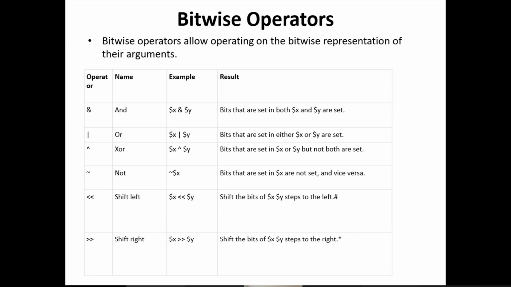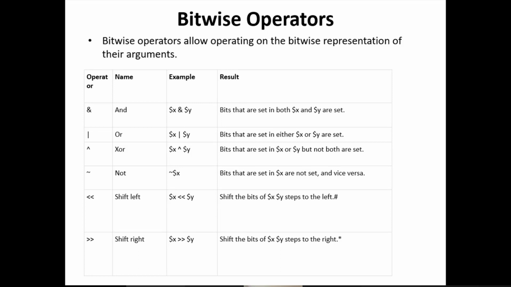Then $x XOR $y represents the bits that are set in $x or $y, but not both. Then NOT of $x gives the result where bits that are set in $x are not set, and vice versa. Shift left and shift right are also bitwise operators, which shift the bits of $x the given number of steps to the left or to the right.